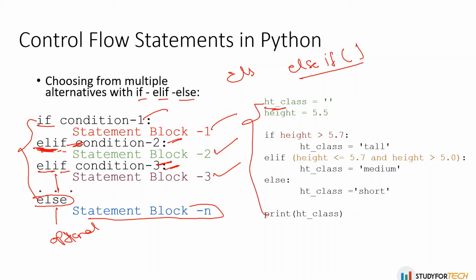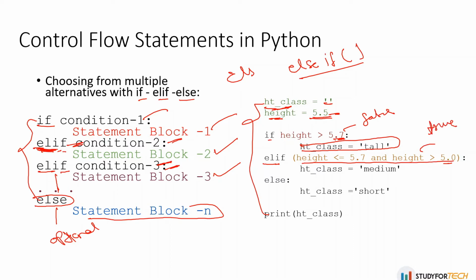Here we have one variable st_class and height equal to 5.5. If height greater than 5.7, so that means it is 5.5, and here I am checking greater than 5.7, so this will return false. So this particular statement will not be executed, that means st_class will not be tall. So it will go to elif. If height less than or equal to 5.7 and height greater than or equal to 5.0, then this 5.5 will come under this condition, and this will be satisfied and it will return true.